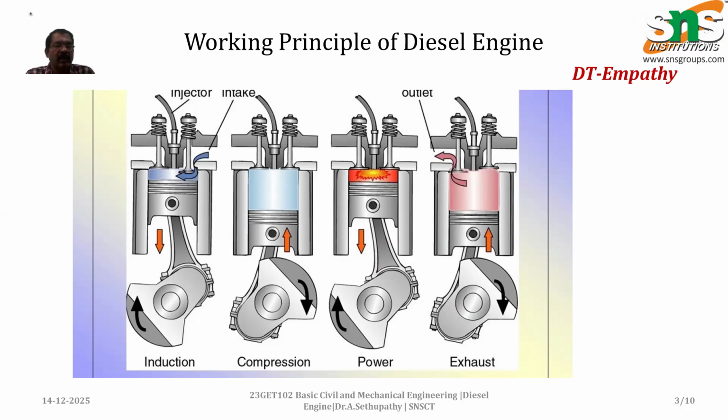The fourth one is exhaust, where the burned gas is exhausted by the exhaust valve through the outlet port. This is mostly used in diesel engines. Mostly the diesel engines are four-stroke engines. This picture clearly shows the four strokes and how the engine works.